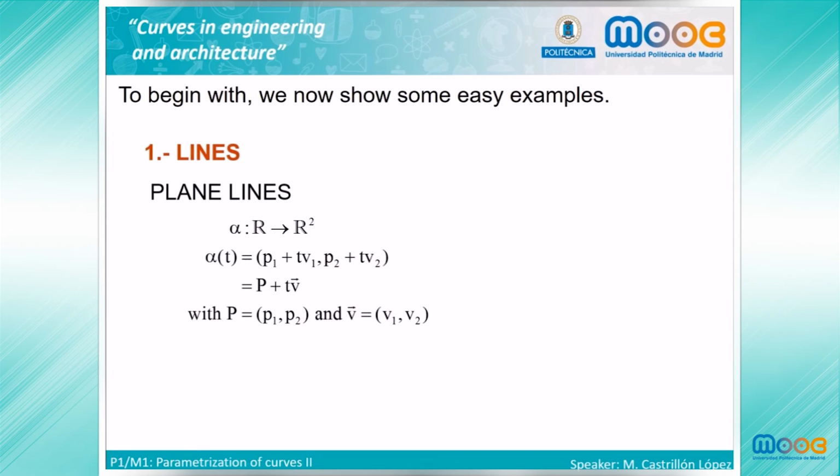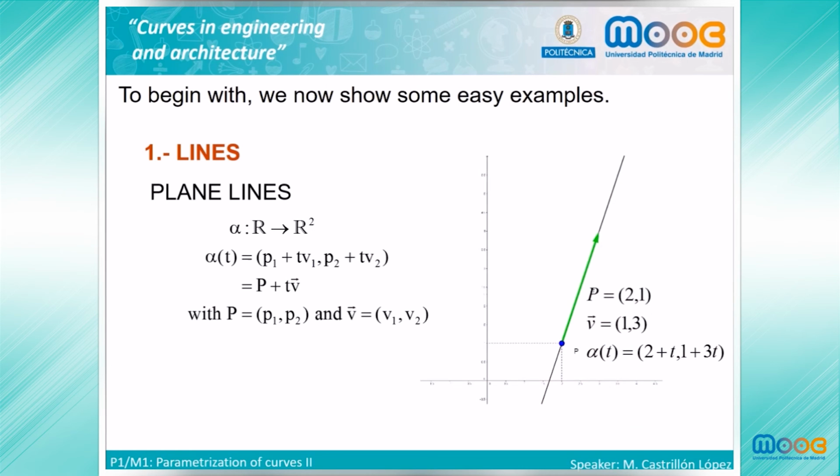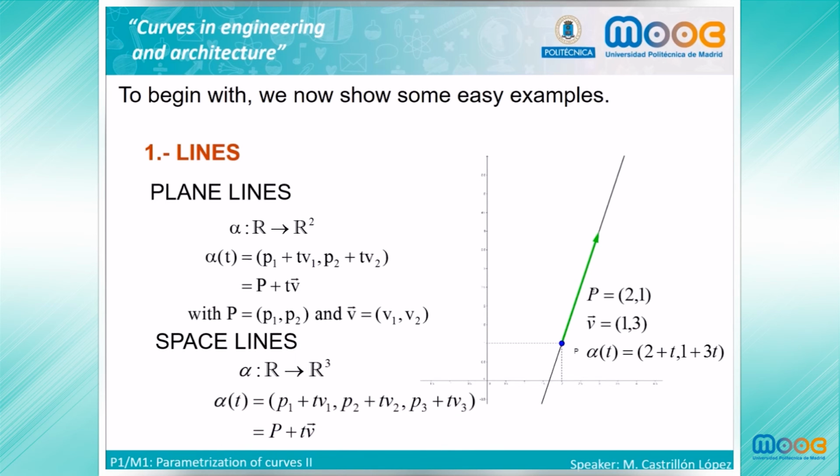To begin with, we give the parametrization of a line. A plane line will be defined as a point plus a parameter times a vector. The point is a base point and the vector defines the direction. The same applies to space lines, where one has a point with 3 coordinates plus a parameter times a vector.